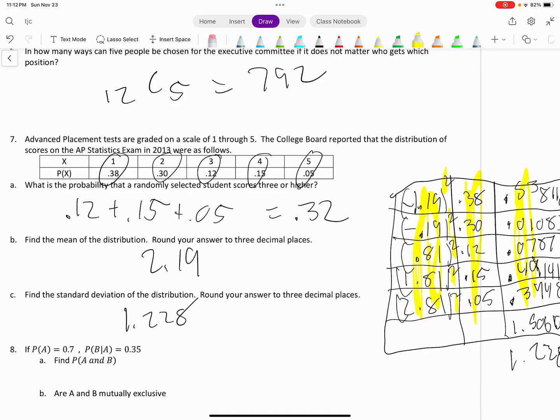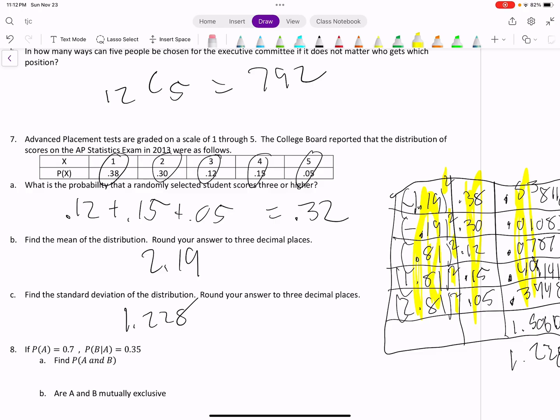And that gave me the standard deviation. Now you could enter x and P of x into list 1 and list 2 in your graphing calculator, and then do one-var stats on it, and you will get the same answer.